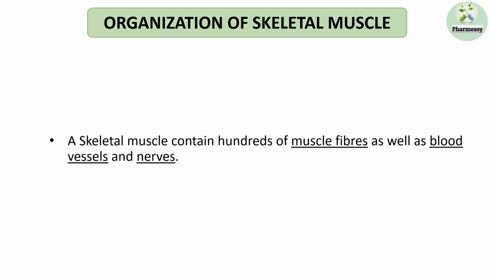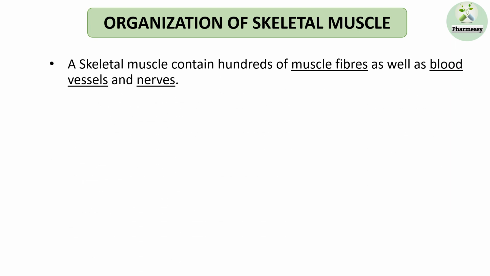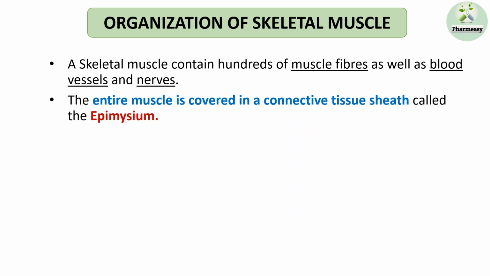Now, our next topic is organization of skeletal muscle. As we know, skeletal muscle contains several myofibers as well as blood vessels and nerves. Its outermost covering, which covers the entire muscle, is a connective tissue sheath called epimysium.